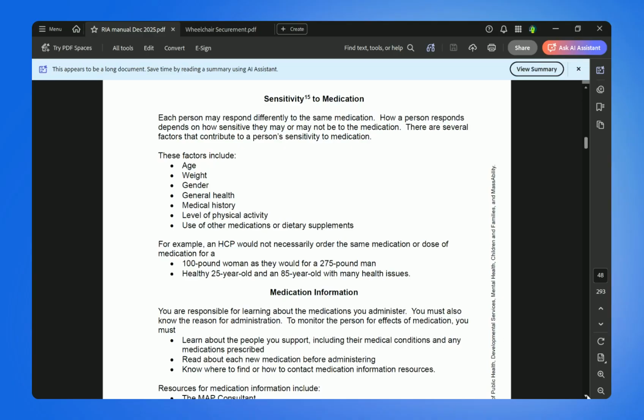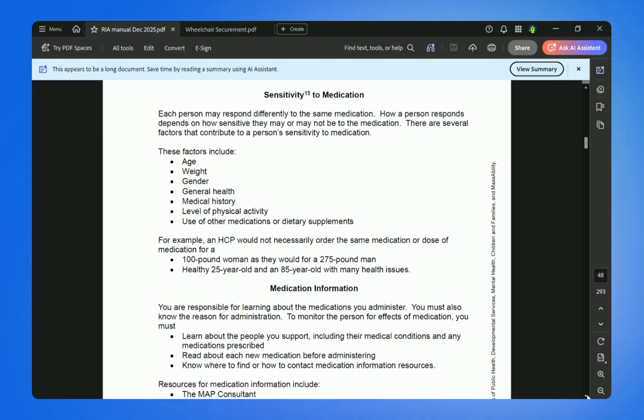These factors can include age, weight, gender, general health, medical history, level of physical activity, and use of other medications and dietary supplements. For example, a healthcare provider would not necessarily order the same medication or dose for a 100-pound woman as they would for a 275-pound man, or a healthy 25-year-old and an 85-year-old with many health issues.